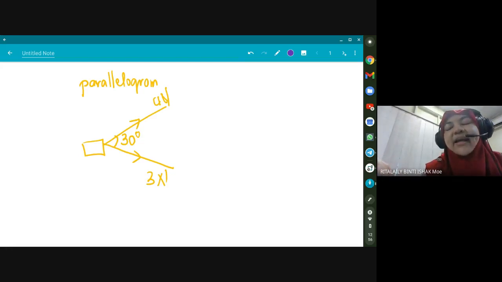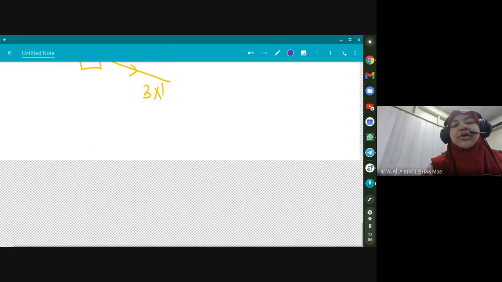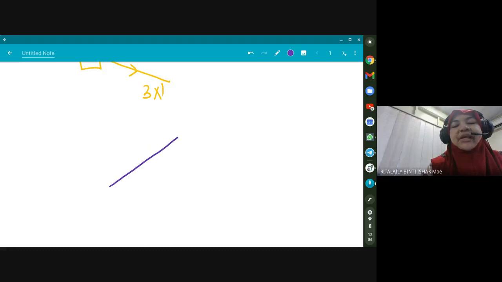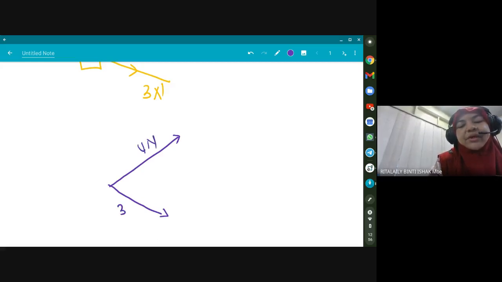What we should do is we should draw using scale. So let's say we use the scale 1 cm is equal to 1 Newton. So when we draw this one 4 cm and this one 3 cm. Okay, so we know that 1 cm is equivalent to 1 Newton.